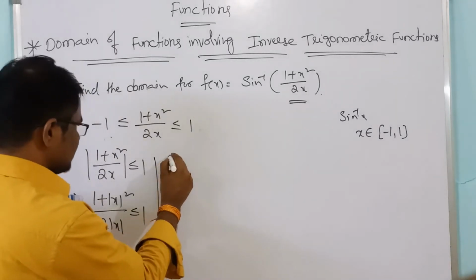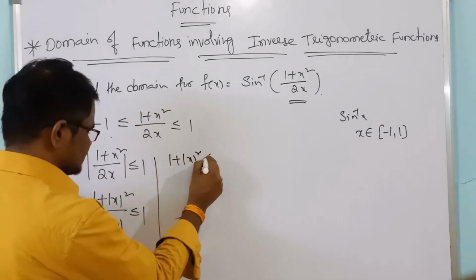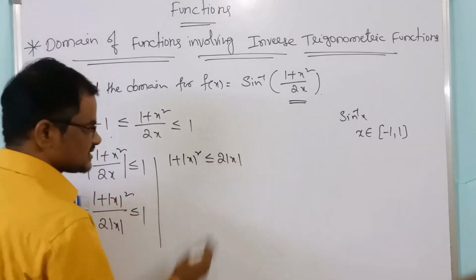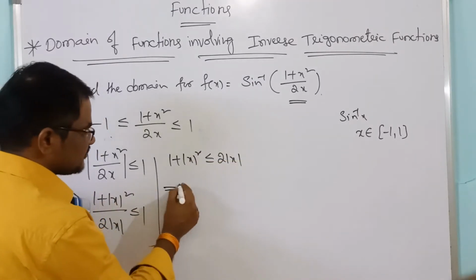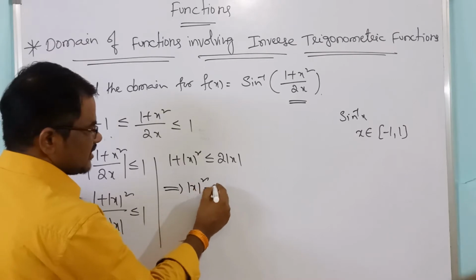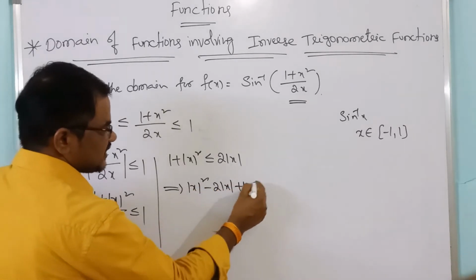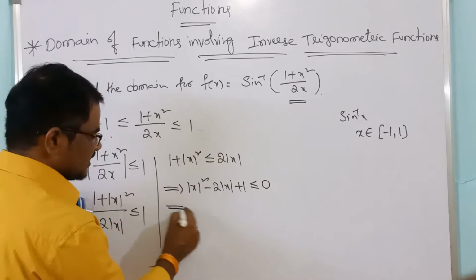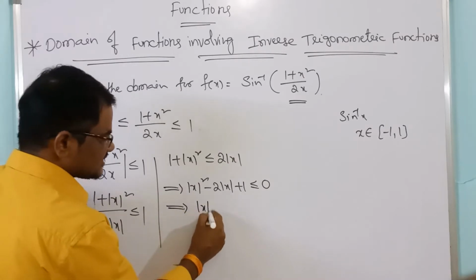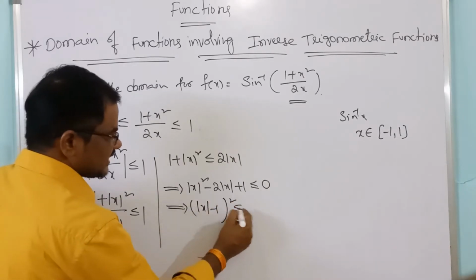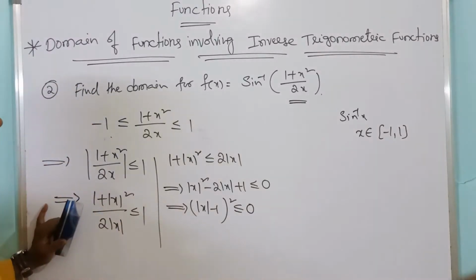Here 1 plus mod x square is less than or equal to 2 into mod x. Take this to one side. That implies mod x square minus 2 into mod x plus 1 is less than or equal to 0. That implies mod x minus 1 whole square is less than or equal to 0.